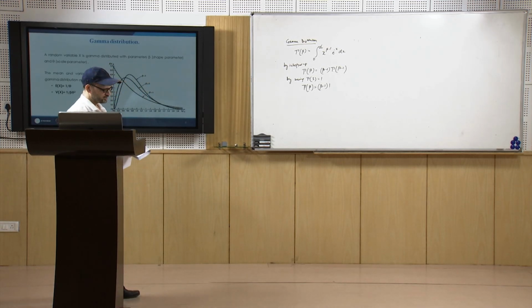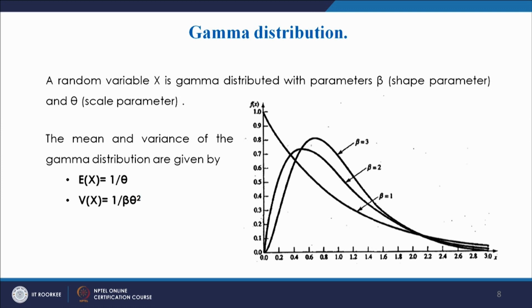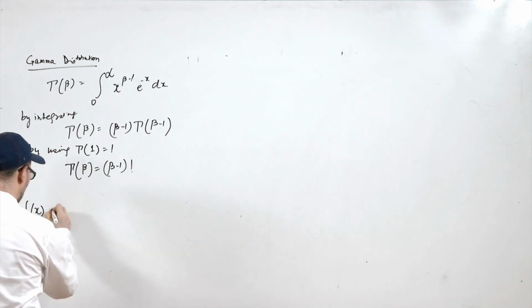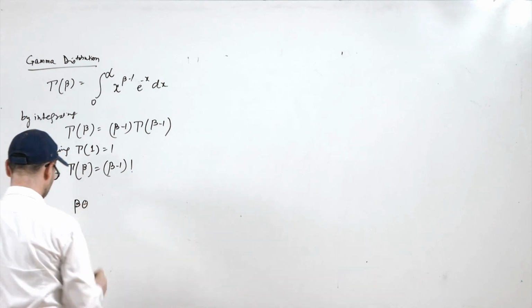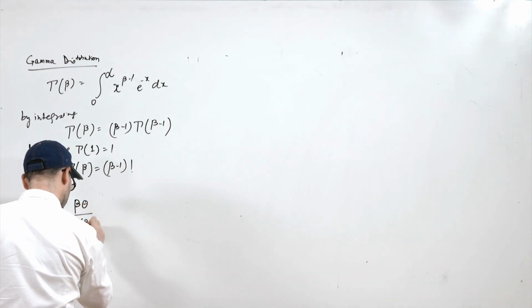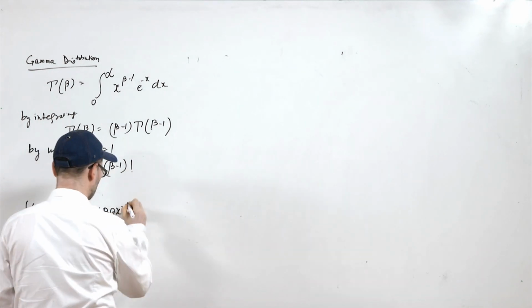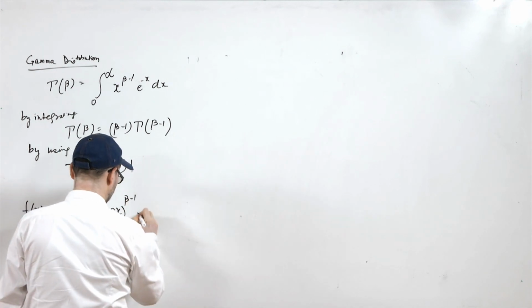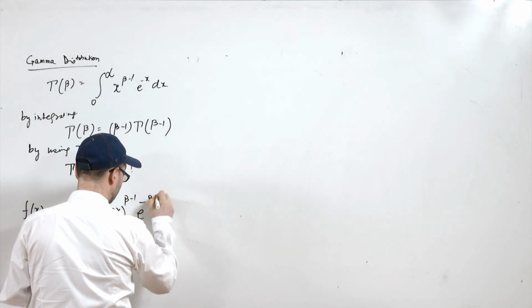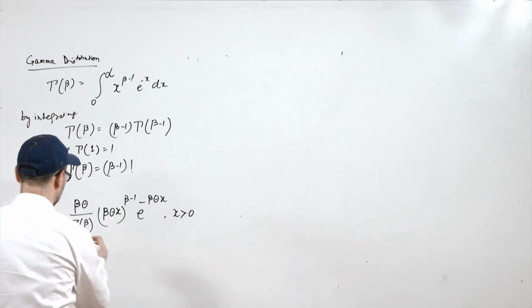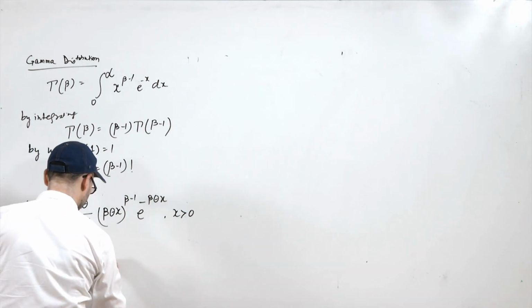Now, a random variable x is said to be gamma distributed with parameters beta and theta when the PDF is given as f(x) equal to beta theta upon gamma beta, times (beta theta x) raised to the power beta minus 1, and e raised to the power minus beta theta x, for x more than or equal to 0, and 0 otherwise.